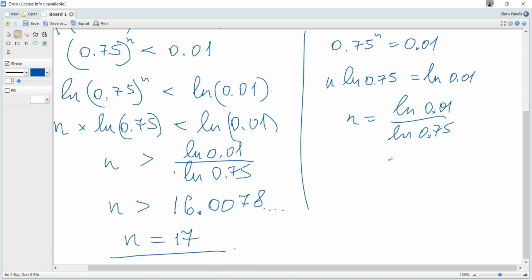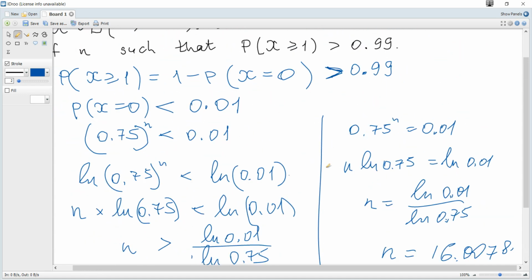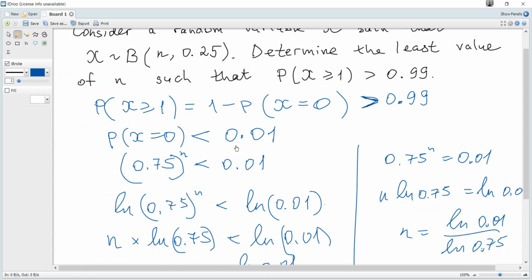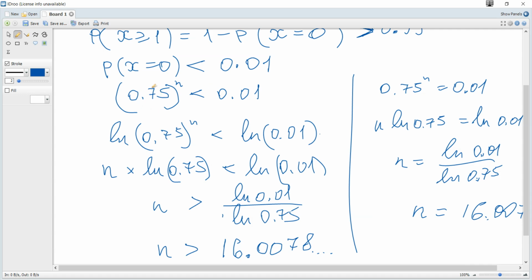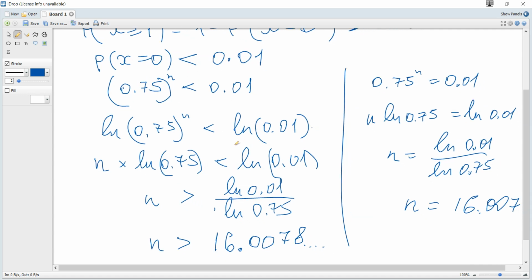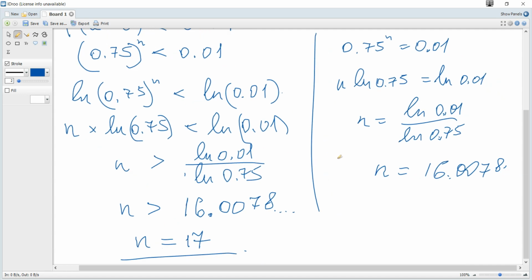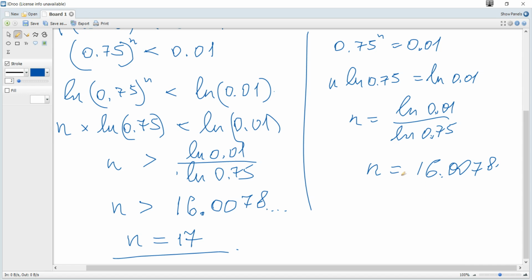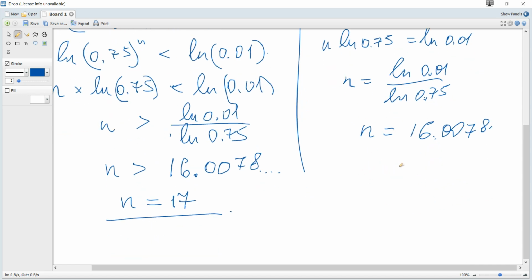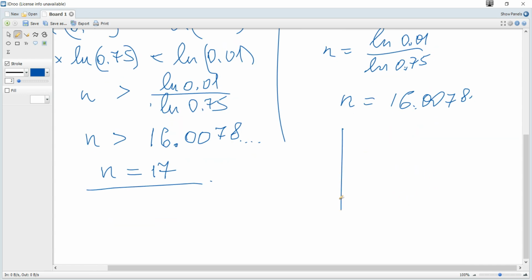You don't need inequality, but you get again n is 16 point something, but you should understand that here the function is decreasing. Why decreasing? Because we consider the function 0.75 to the power n, and a number which is less than 1 multiplied by itself gives a result less than the value. For example, 0.75 multiplied by 0.75 is less than 0.75, so it's a decreasing function.